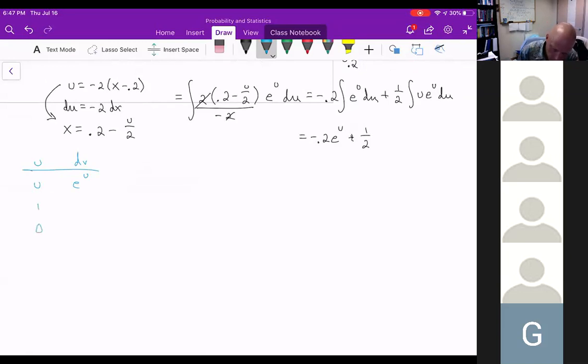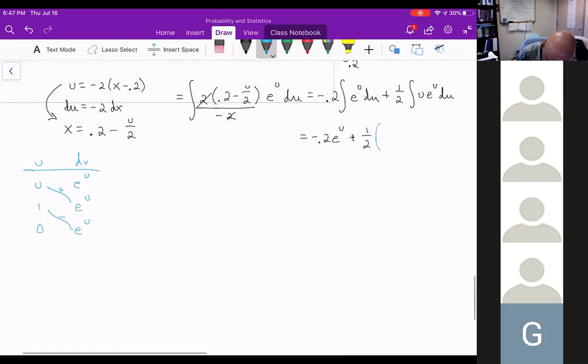I stop at 0. I take integrals of the dv part, integral of e to the u is e to the u. Integral of that again is still e to the u. And then I multiply diagonally, where the first product is positive, the second product is negated, and if there were more, you'd keep alternating signs. So this means that this integral is u e to the u is the first product, minus 1 times e to the u is the second product.